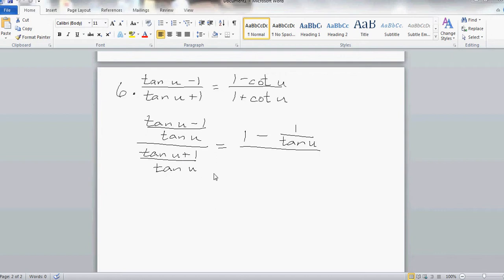Tangent of u over tangent of u is 1 plus 1 over tangent of u. And then 1 over tangent of u is the cotangent of u, and 1 over tangent of u here is the same thing as 1 plus cotangent of u, which is exactly what we needed.